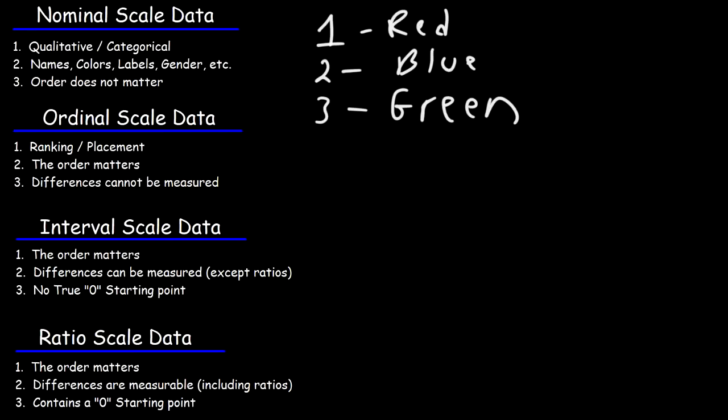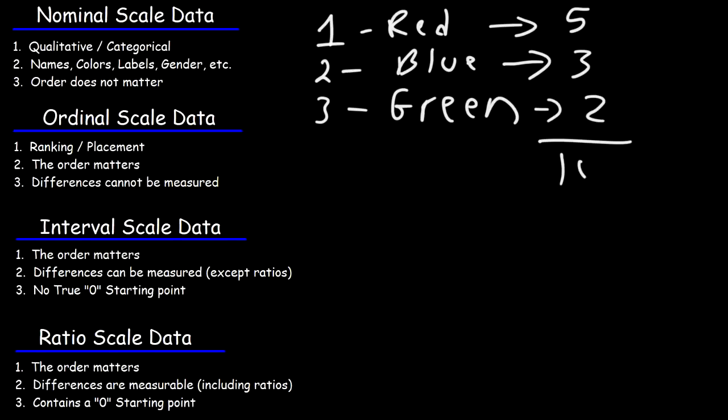However, the responses of people to these different colors, for example, can be used in calculation. Here is an example. So let's say if we do a survey and we ask 10 individuals what's their favorite color. Let's say 5 chose red, let's say 3 chose blue, and 2 chose green out of a total of 10.